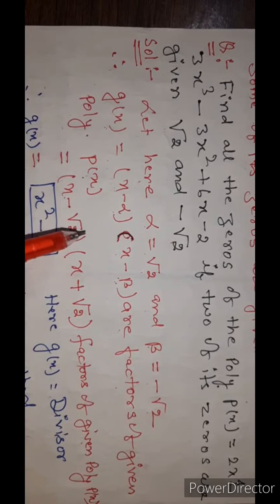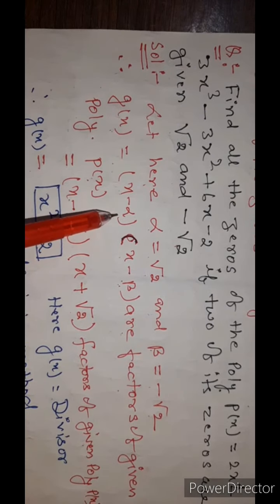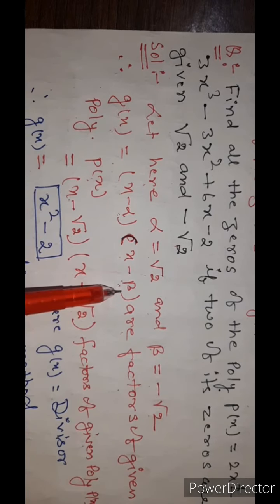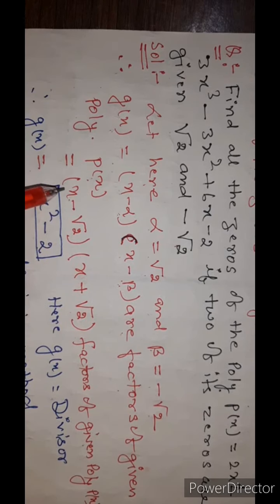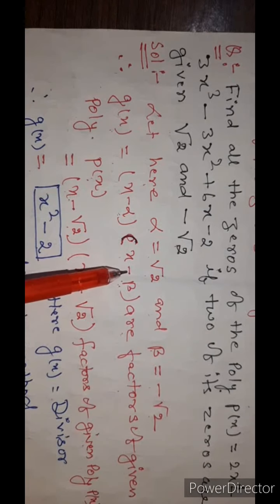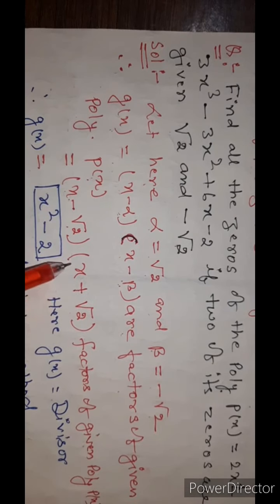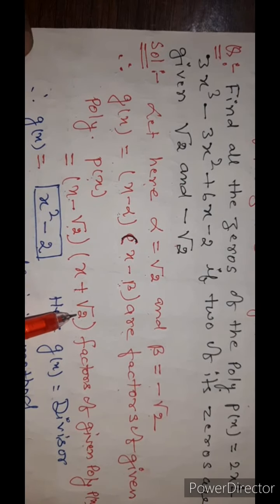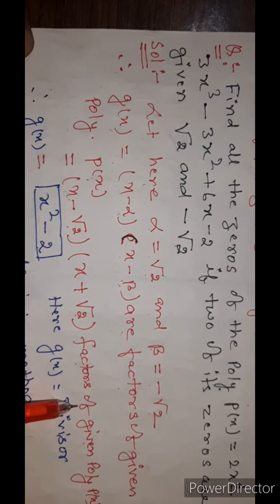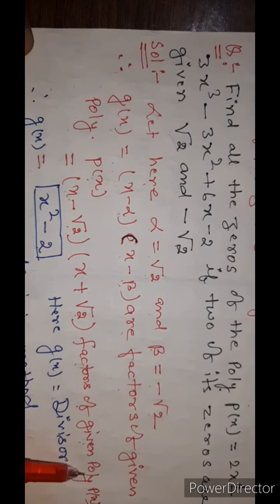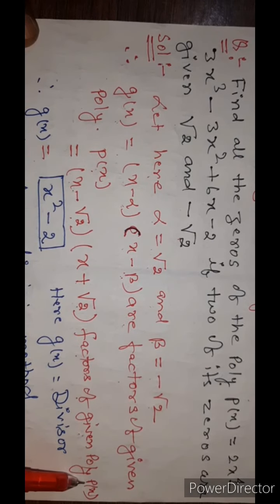Now put here the value of alpha and beta respectively. X minus root 2, this will be minus into minus, here will be plus, x plus root 2 are factors of the given polynomial p of x.